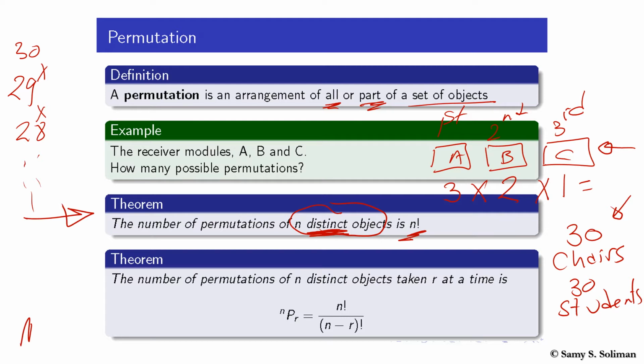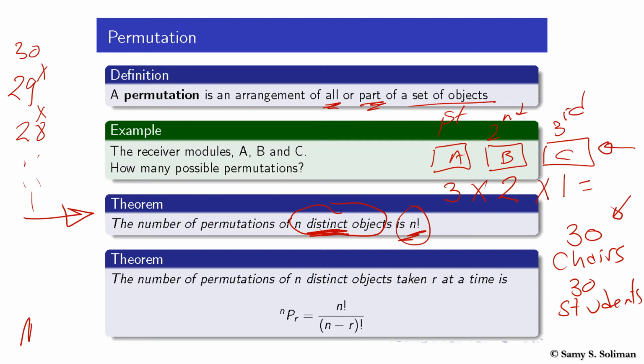If those 30 students were exactly alike, teddy bears or any other objects that are not distinct, where there is no way to differentiate between each of the 30 objects, then the permutation does not apply, or the n factorial does not apply, because any arrangement of those exactly alike objects over the 30 chairs will be the same.